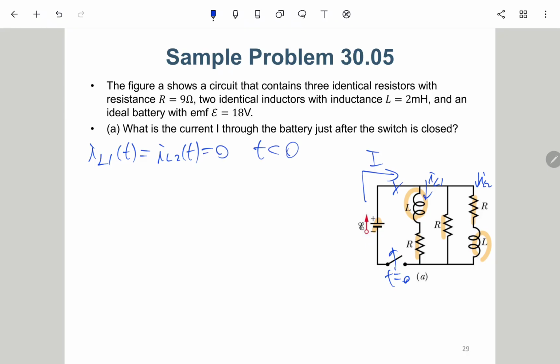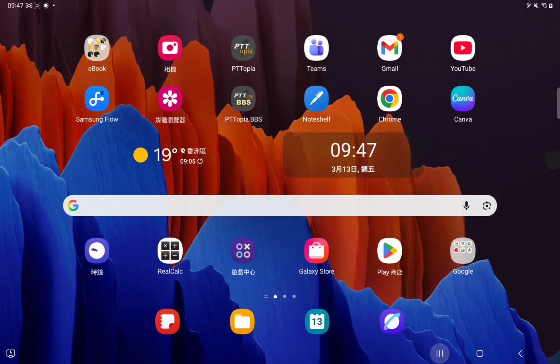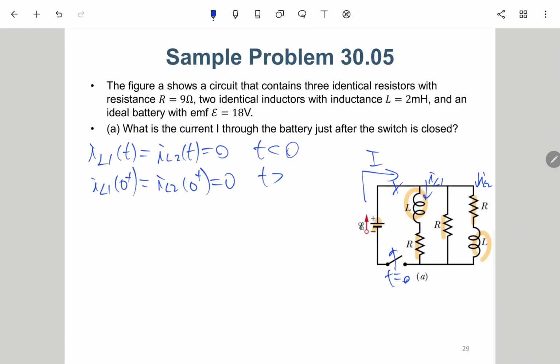And as the current is continuous, IL1 at 0 plus equals IL2 at 0 plus, which is also 0.